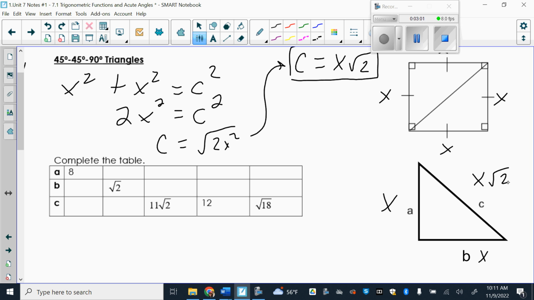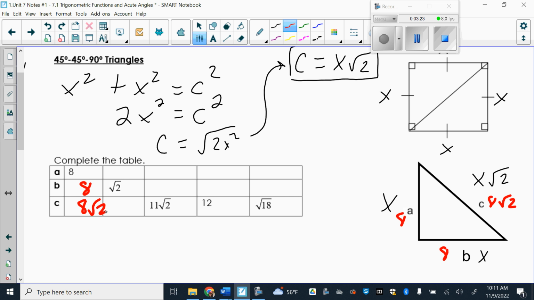So if you know one side, for example, if we know the measure of side A is 8, that means that we also know side B is 8, and the measure of side C is 8 root 2. So we would have 8, 8, 8 root 2.